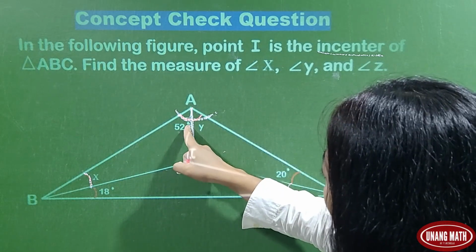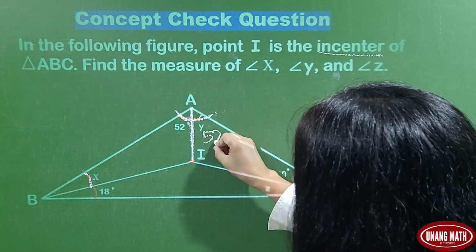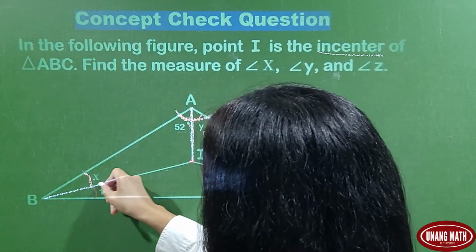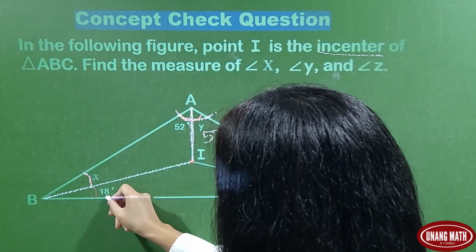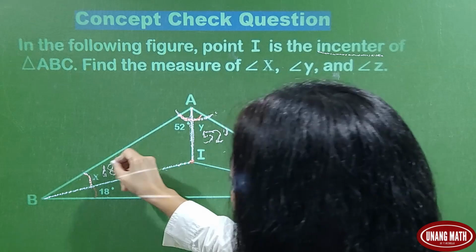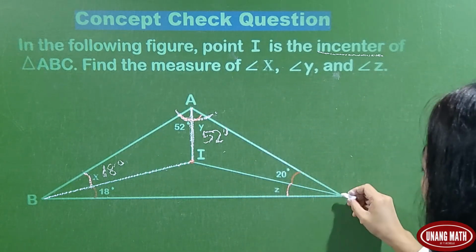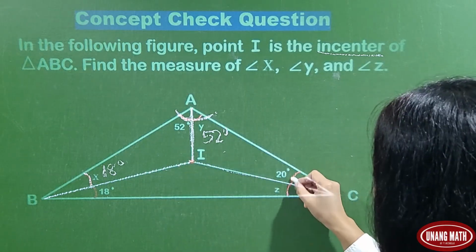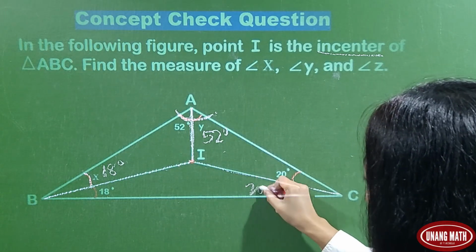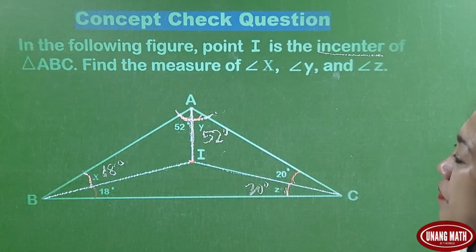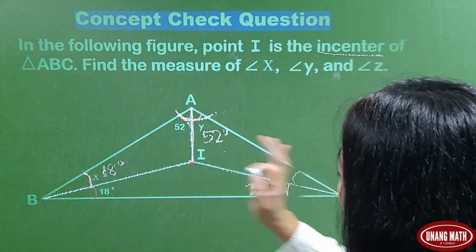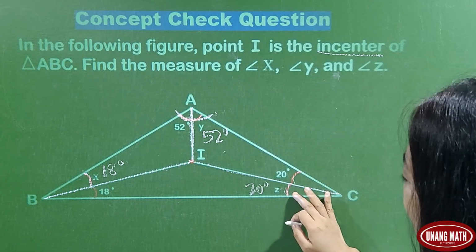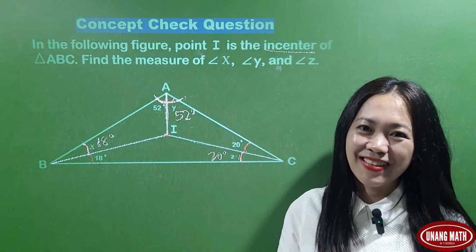So if this is 52 degrees, then this is also 52 degrees. What about here? This is our angle bisector. If this is 18, then this is also 18 degrees. Another angle bisector. If this is 20 degrees, then this is also 20 degrees. So angle X is 18 degrees, angle Y is 52 degrees, and angle Z is 20 degrees.